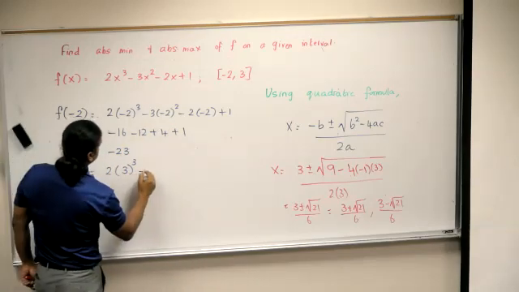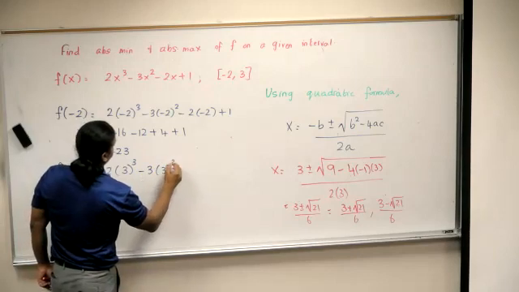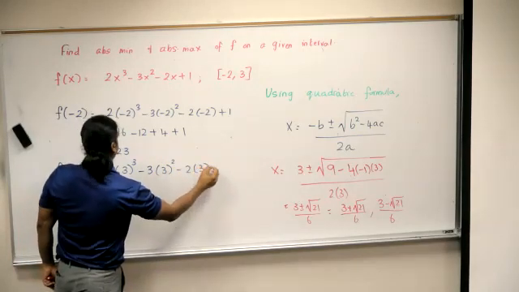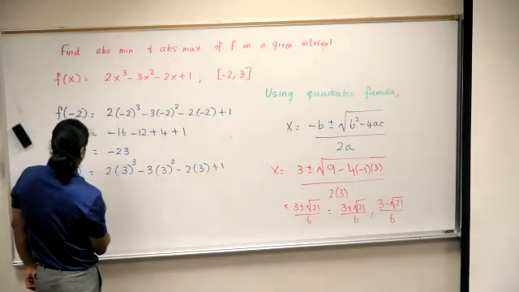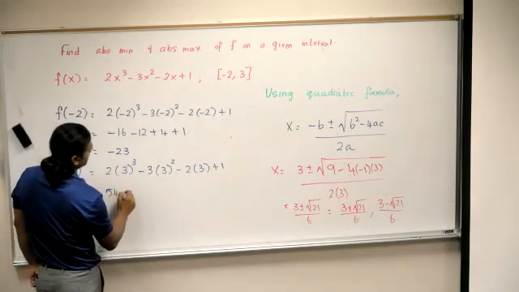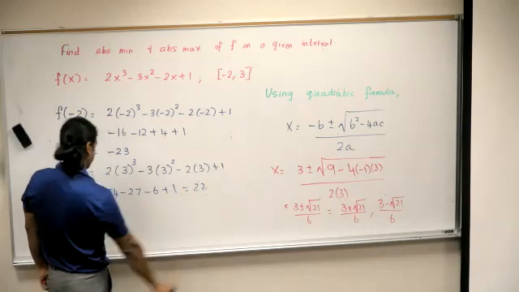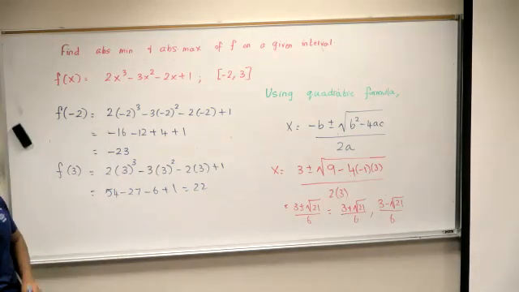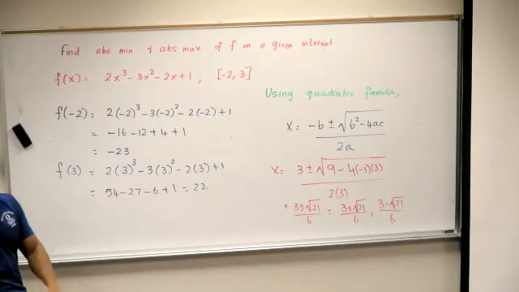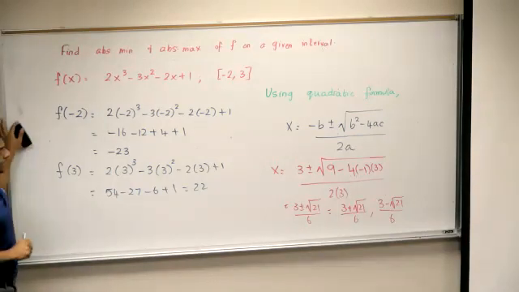Do the same for the other endpoint. 54 minus 27 minus 6 plus 1, 22. Good.